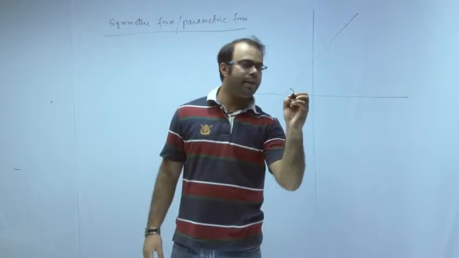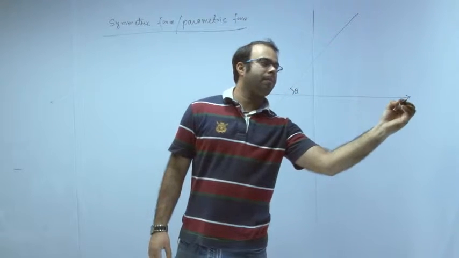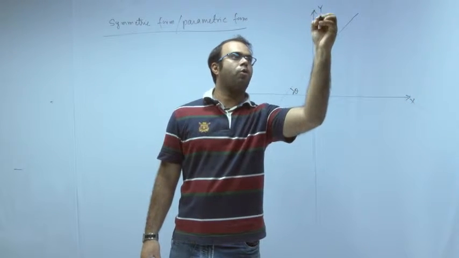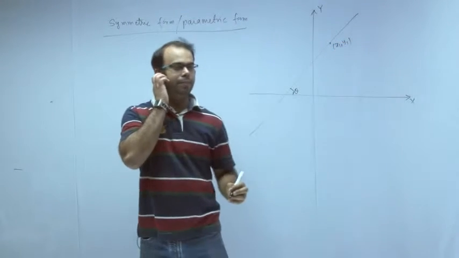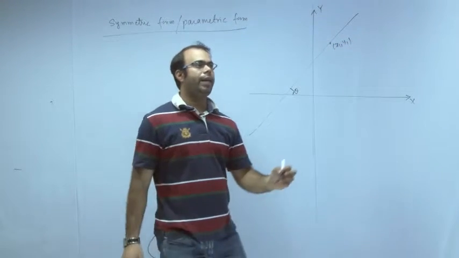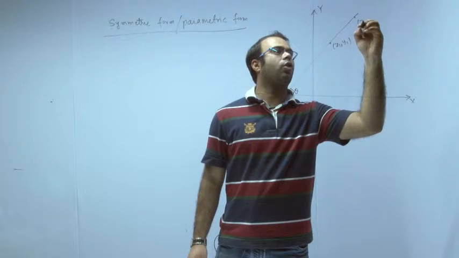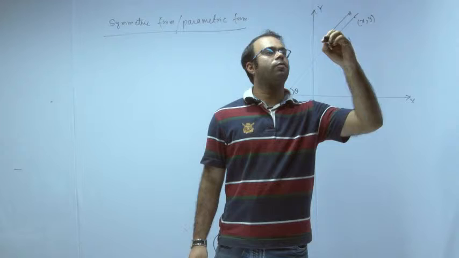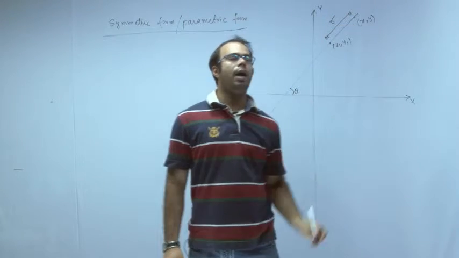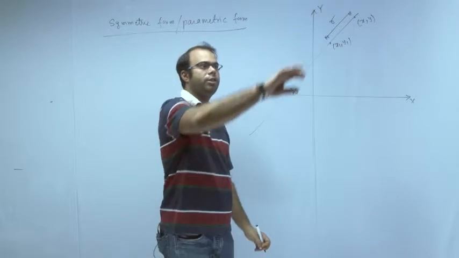Here also angle theta is given with the x axis and the point x1 comma y1 is given. But what we do here in this form of the line, we take an arbitrary point x comma y on this line and which is at a distance r from this given point. This r is the parameter because this is varying.